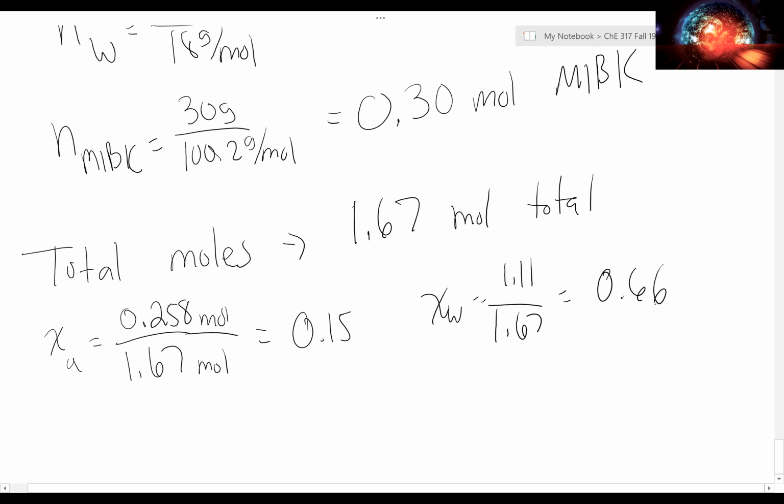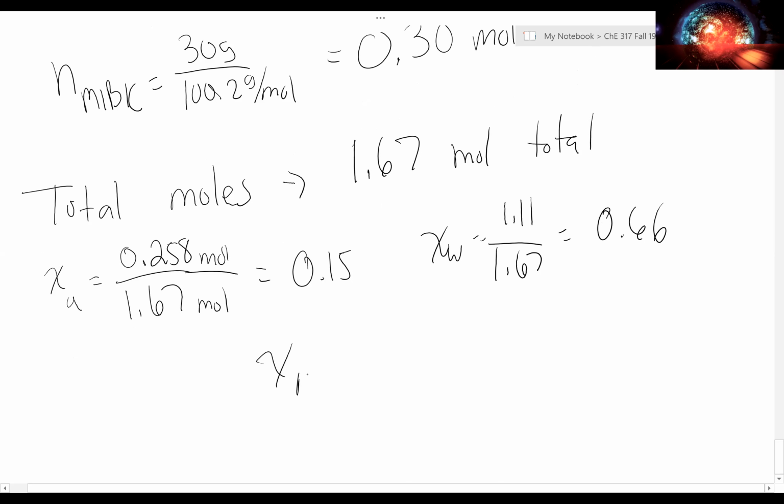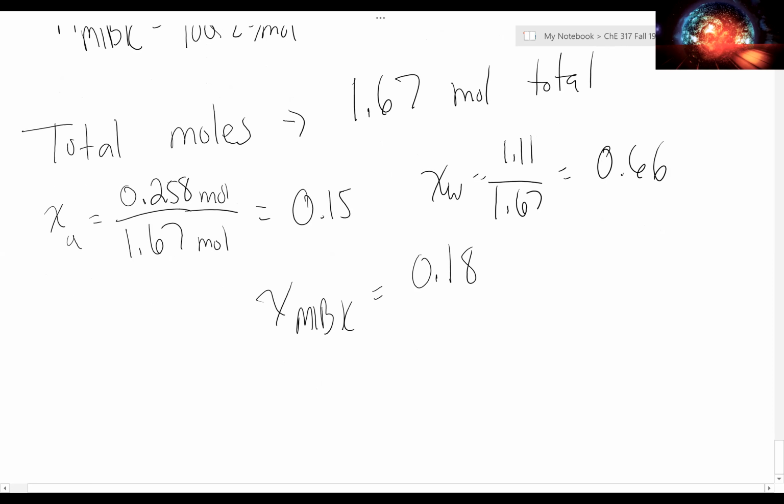And for MIBK, hopefully it's the rest. If not, we're in trouble. I get about 0.18. That comes out to be 0.99, close to 1 with rounding. So I've got my mole fractions of each of these substances.